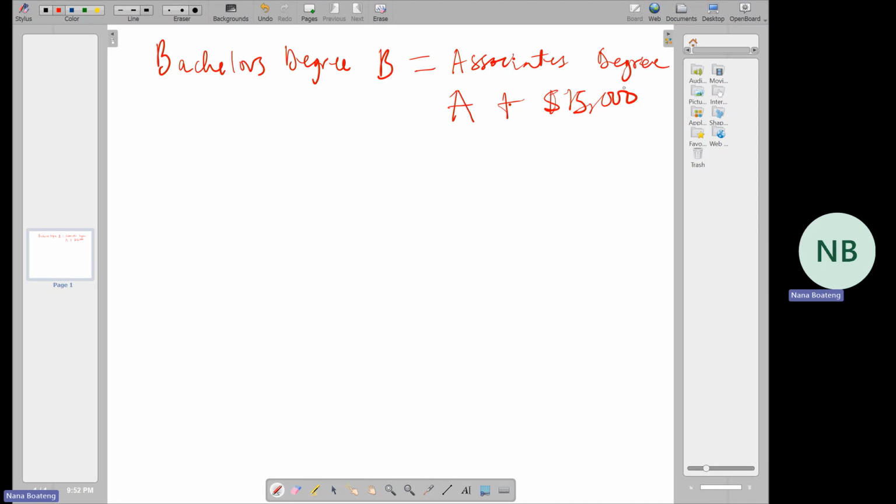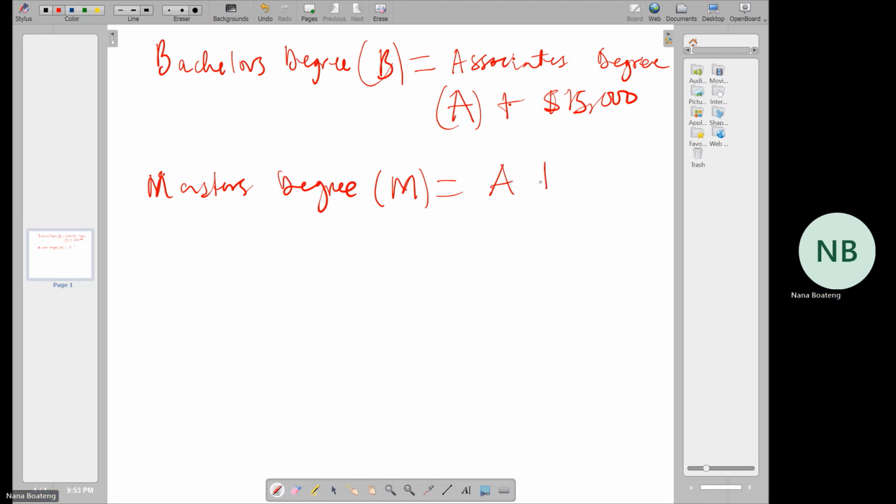Someone with a bachelor's degree makes $15,000 more than someone with an associate's degree. And then there's someone with a master's degree, where I'm letting M stand for a master's degree, who makes about $30,000 more than an associate's degree holder. So A, the associate's degree, plus $30,000 more.